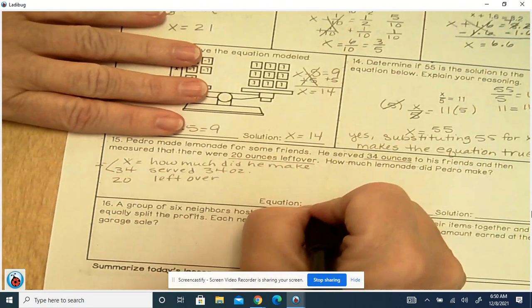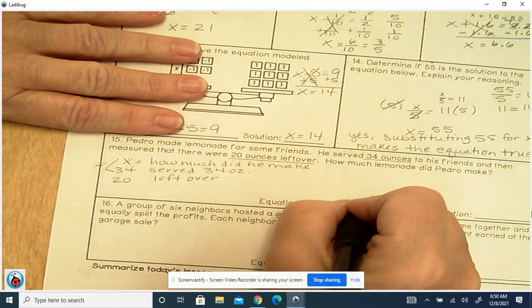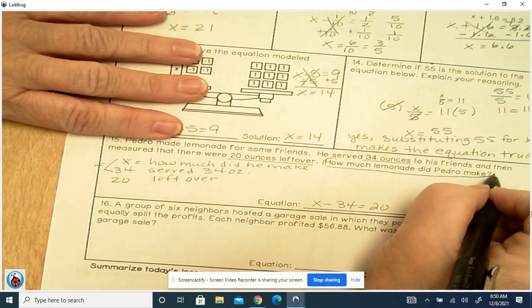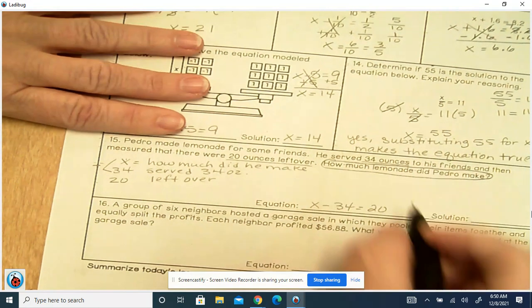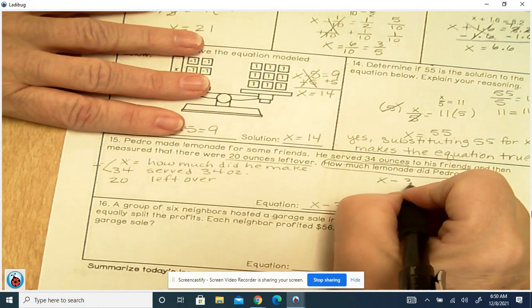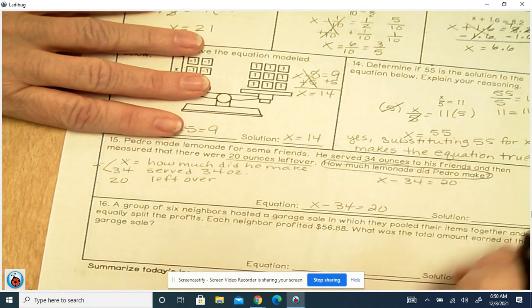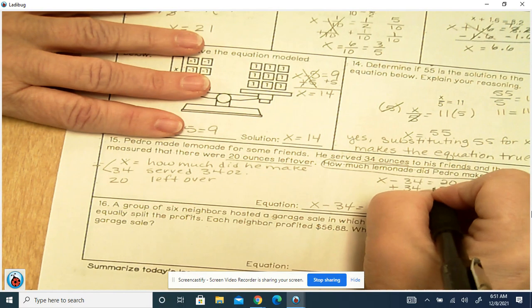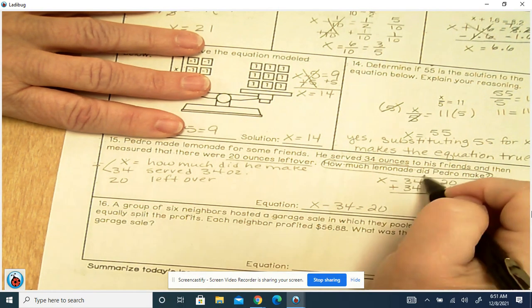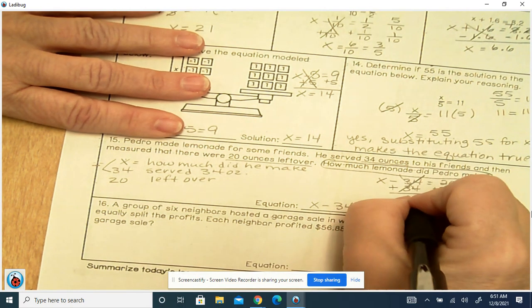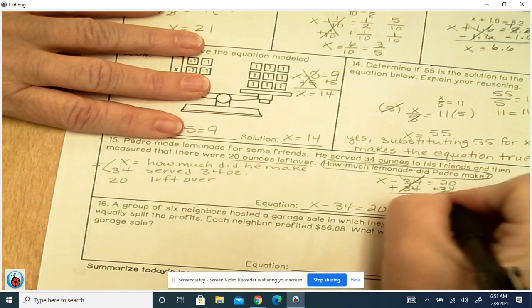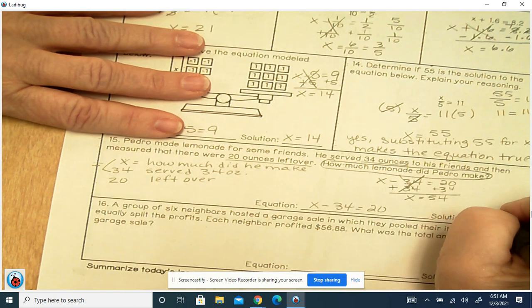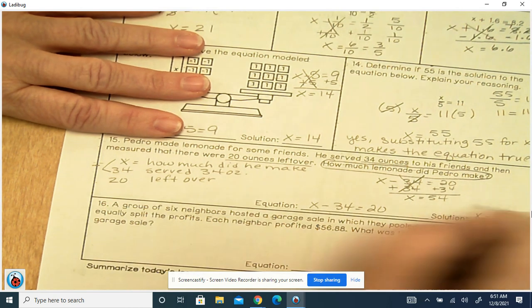So our equation is going to be x minus 34 equals 20, because the question said how much lemonade did Pedro make? So what did he start with? So we take that equation, x minus 34 equals 20, and subtract, so we add. What you do to one side, you do to the other. These always cancel out, and we're left with x equals, and 20 plus 34 is 54. So your solution is x equals 54 ounces.